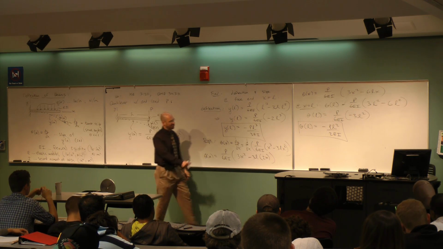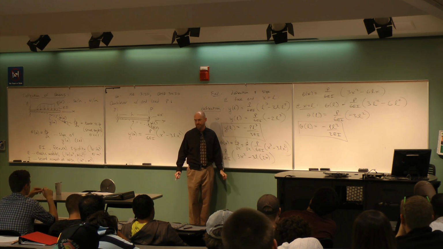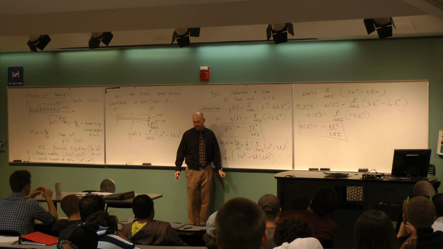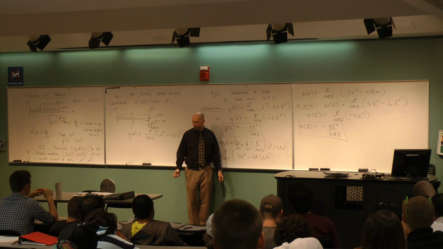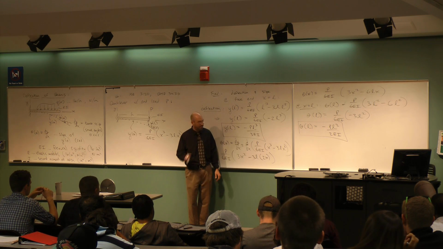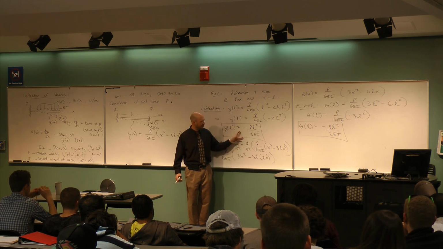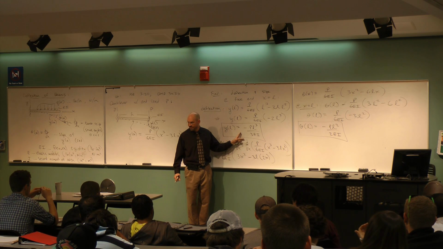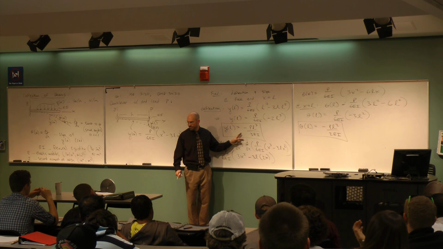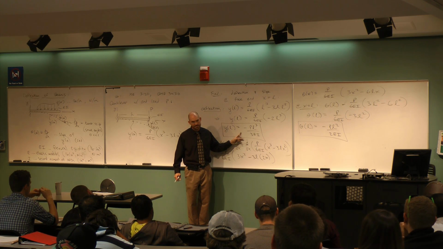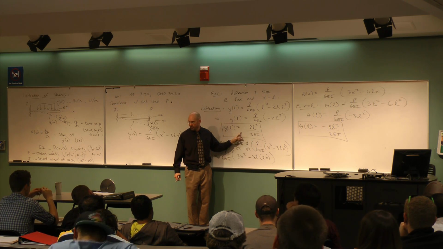What if I make the material 3 times as stiff? I go from aluminum to steel. That's a factor of 3 roughly. Deflection changes by how much?